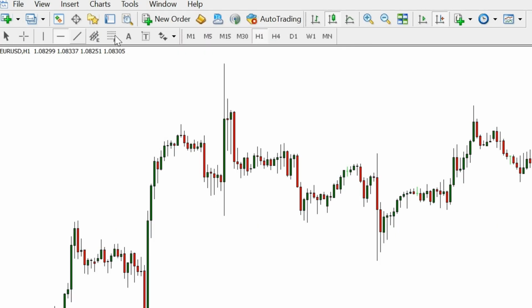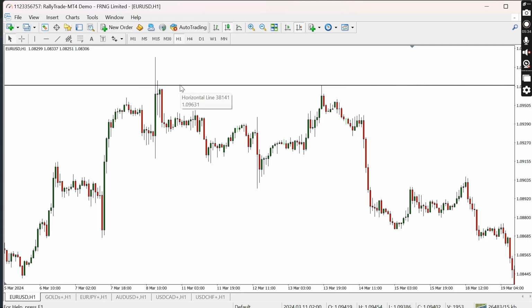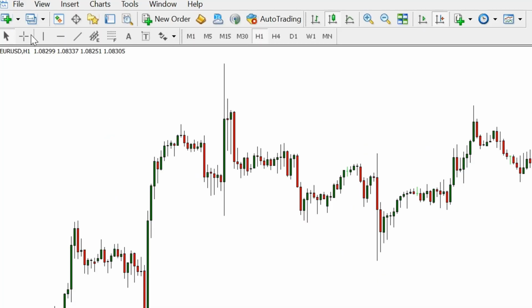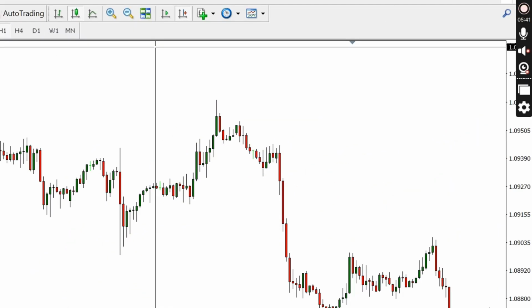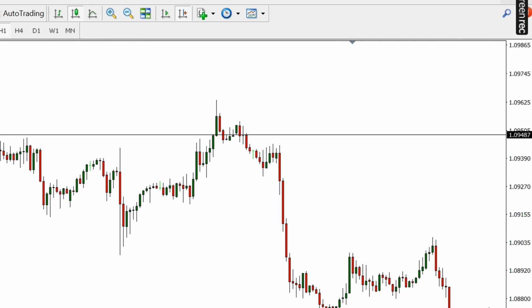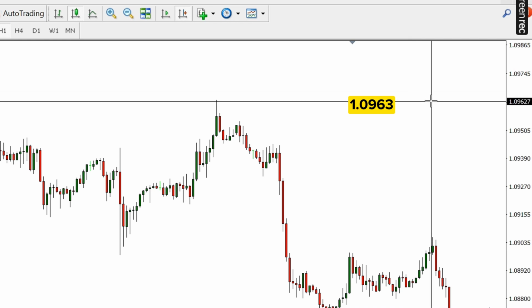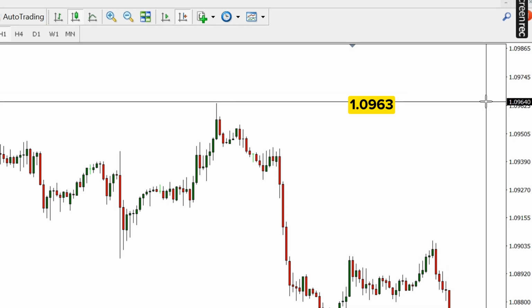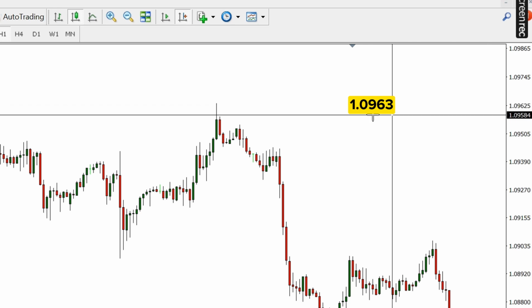So let's look at a sell opportunity. The same way, this is still on EUR/USD. Let's pick our crosshair again. You can see somewhere around 1.0963.